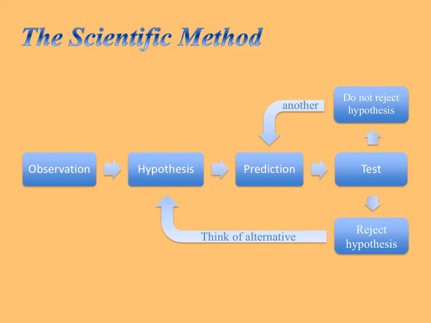Now, if you find that you can't reject those predictions, if you can't falsify those predictions, there's some evidence that the hypothesis is true or might be true. But it's conditional. So there's a higher probability that your hypothesis might be true than before you did the test. If you actually show that your hypothesis and the predictions that it has are wrong, then you reject the hypothesis and you have to go back and come up with a new hypothesis.